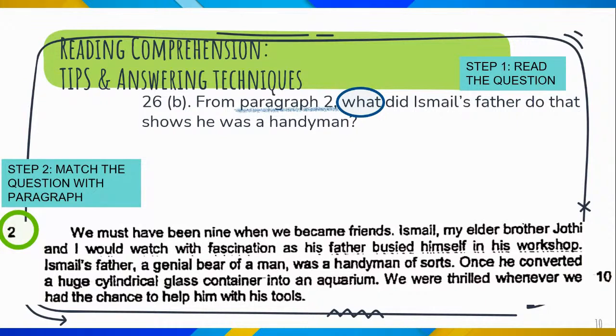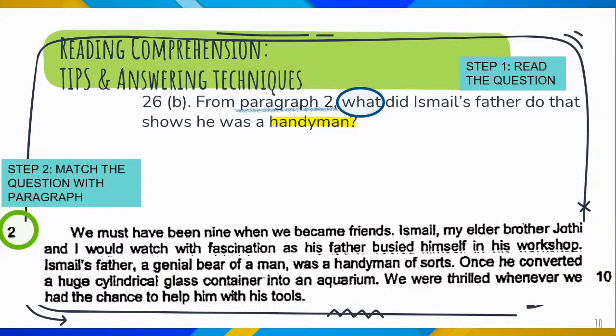When you're answering a what question, it's going to be easy in a way, because this is just the first level of questioning. Apakah? You don't really have to give reasoning just yet. So, what did Ismail's father do that shows he was a handyman? Apakah yang membuatkan Ismail's father ni seorang handyman?